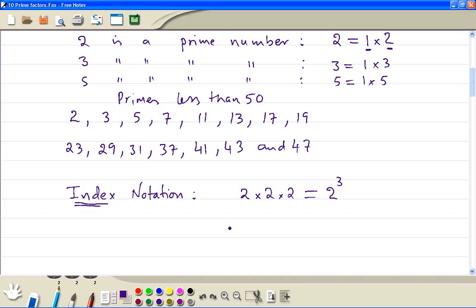If you have 3 times 3 times 3 times 3 times 3, so we got 1, 2, 3, 4, 5. So basically it's 3 to the power 5. So each 3 there has a power 1. Then we just add their powers.